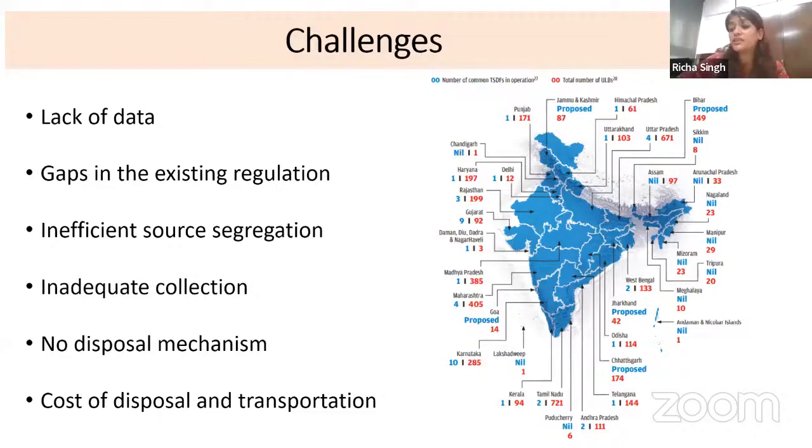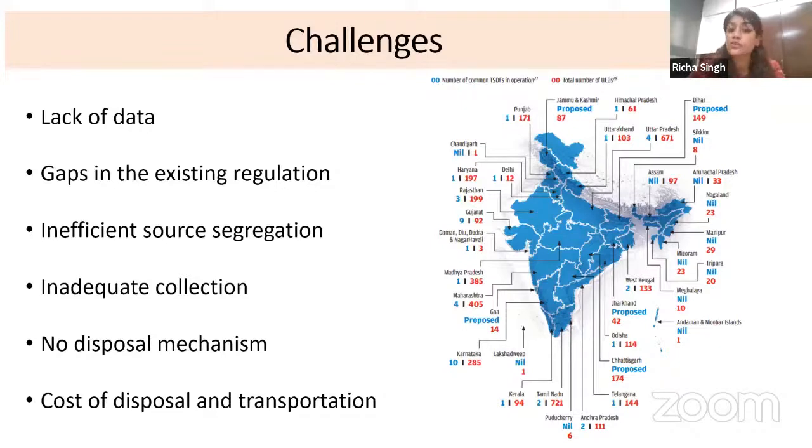So this gives you a list of products considered as domestic hazardous waste, and there is a mention of etc. But it leaves a lot up to the imagination of the household, and also the imagination of ULBs. They have not mentioned any specific characteristics or properties that define a domestic hazardous waste. So this needs to be strengthened.